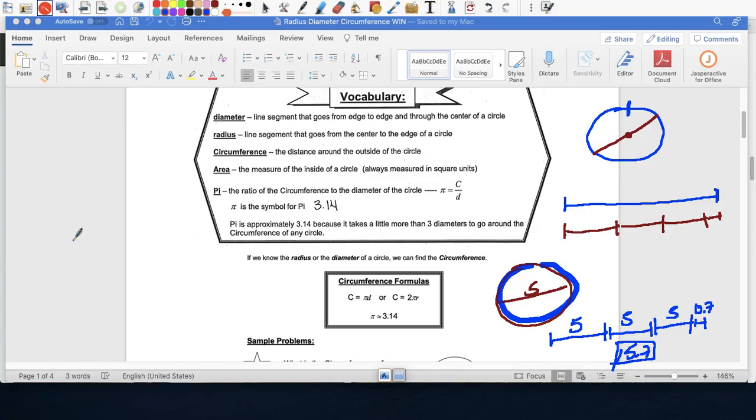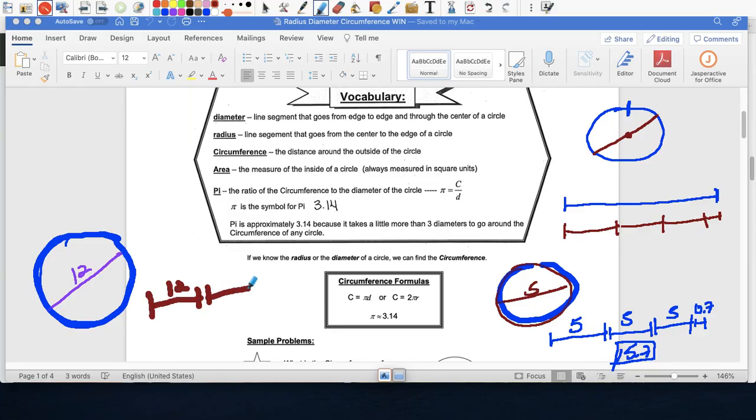Right, so I'll draw another circle. And in this circle, the diameter is 12. So if I wanted to see what this distance is, if I took a walk around this round-shaped park, I know that the distance would be the diameter once, the diameter twice, another 12, the diameter 3 times, so 36, and then a little bit more, about 2.